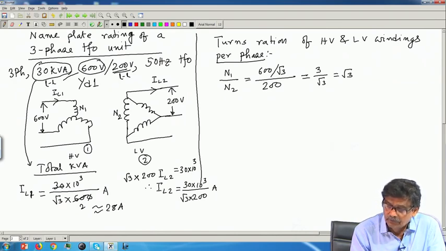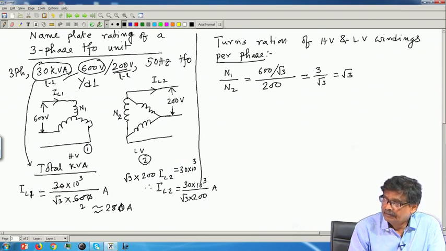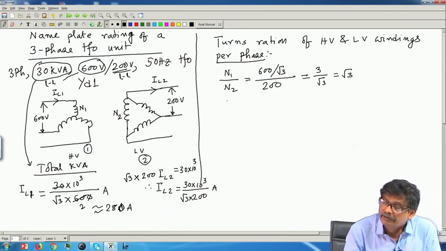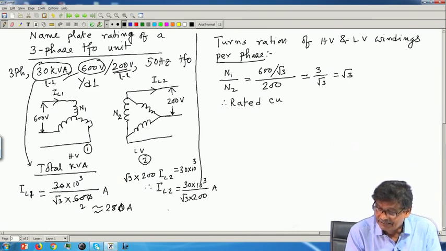About 280 ampere, this will be. This is the HV side. So, on the LV side it will be higher and we will be able to calculate. So, the rated currents of the lines are known. Therefore, rated currents, this can you calculate, tell me this fellow.